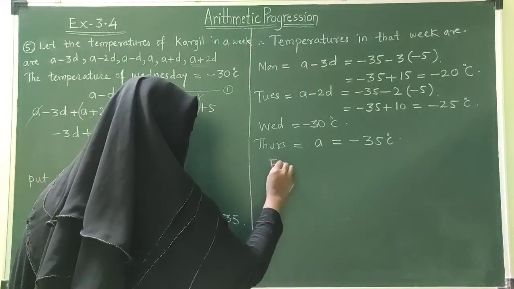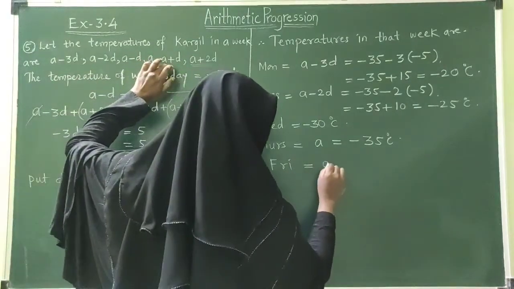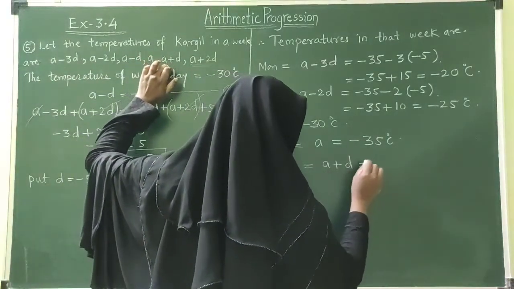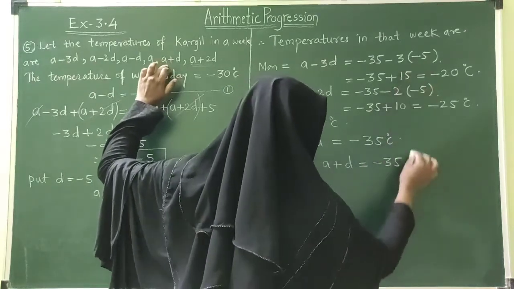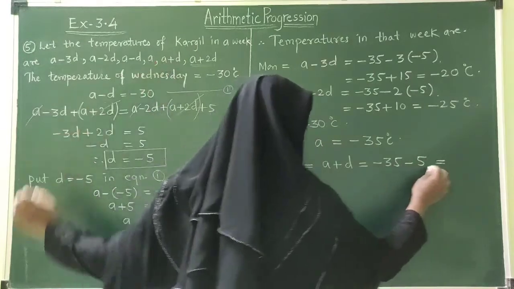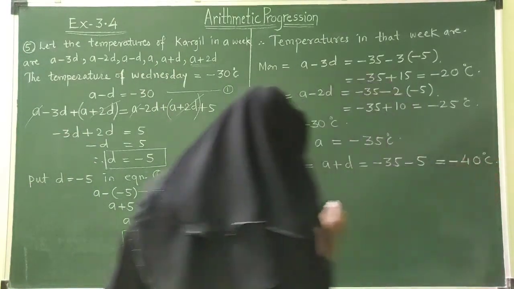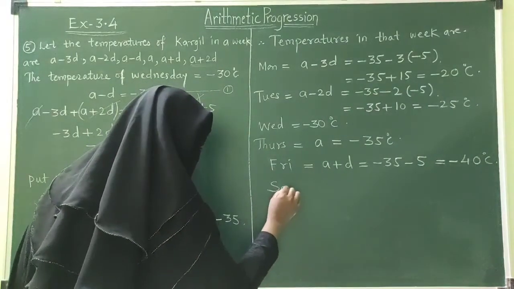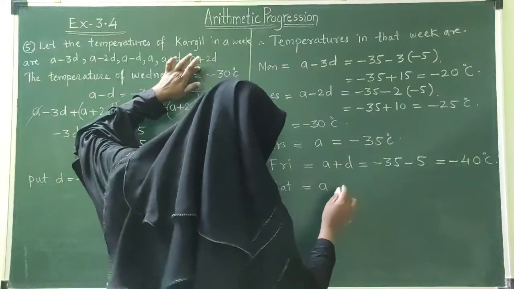On Friday, the temperature was A plus D. Value of A is -35 and value of D is -5. We get here -35 -5, -40. And on Saturday, the temperature was A plus 2D.